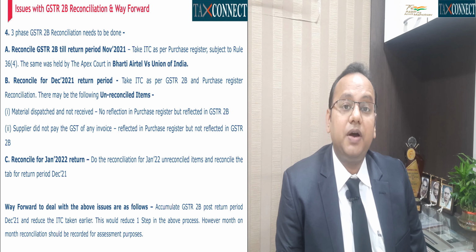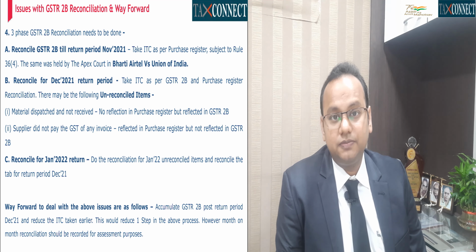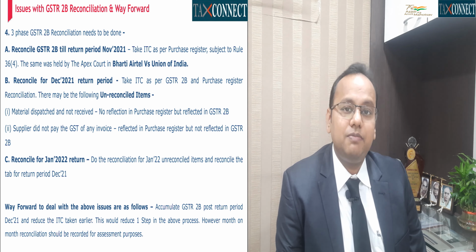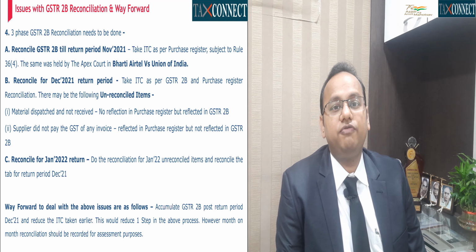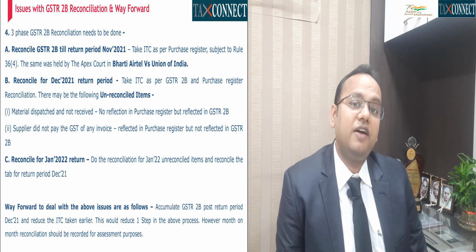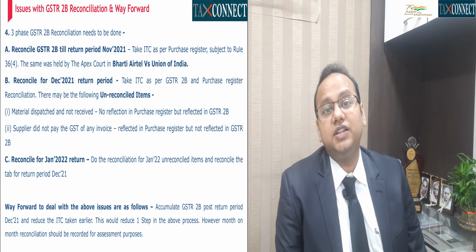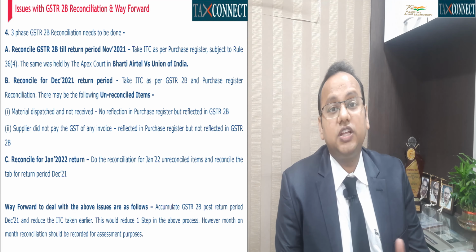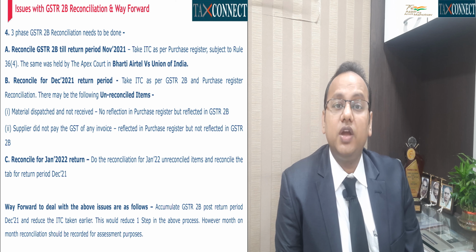You have to keep a tab on this in the next month, and in the next month of February, while you do the same reconciliation, you also have to carry forward the unreconciled items of January, and this would keep on accumulating going forward.